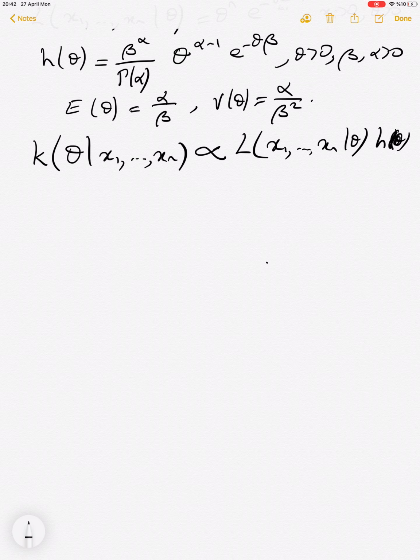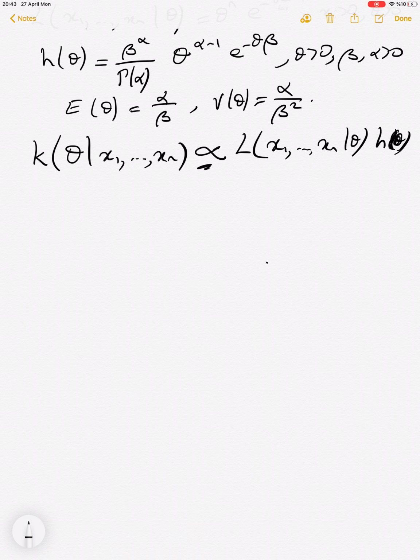All you have to do is multiply the likelihood function by the prior distribution, but we have proportional to. Be careful about that. This will be a function of theta, so theta will be our random variable here. Then you have to recognize the unknown parameters and look at the form of the PDF. Is it a known type of PDF or not?